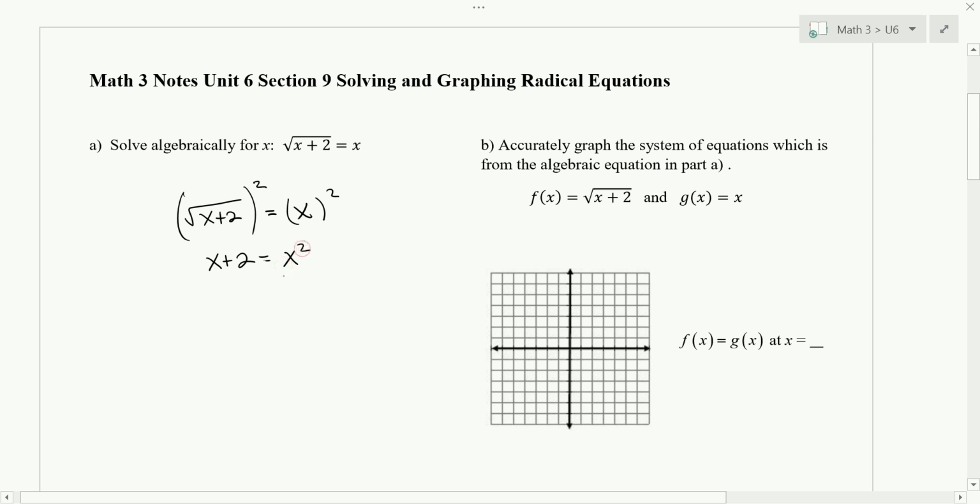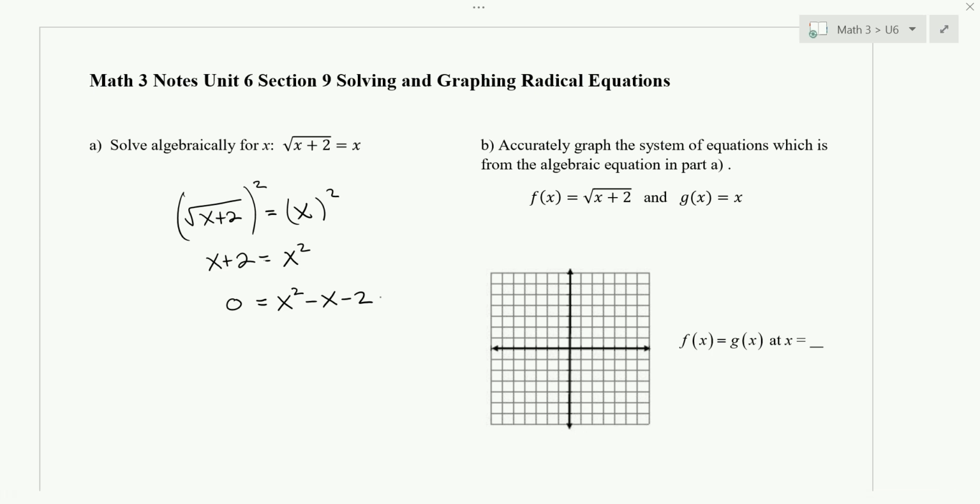And to solve, if we have a quadratic, we solve by making one side of that equation equal to 0. So here I'm going to subtract x and subtract 2 to make the left side equal to 0. And when I do that, I end up with x squared minus x minus 2. And then typically you can solve a quadratic by factoring.